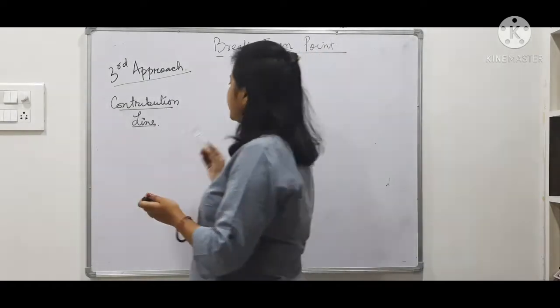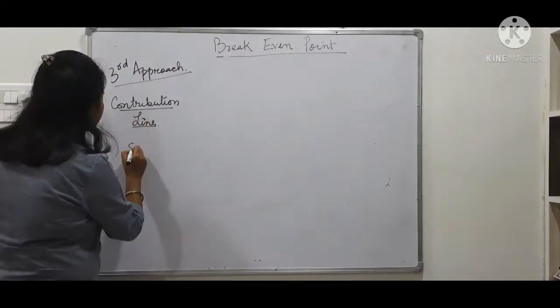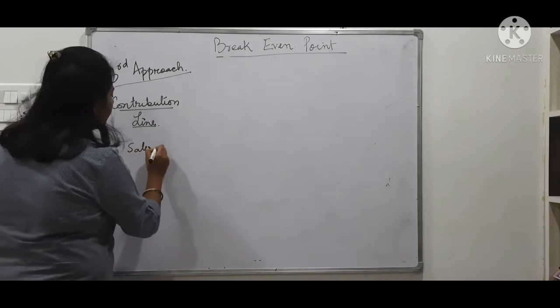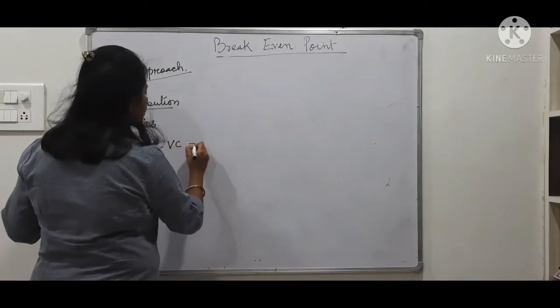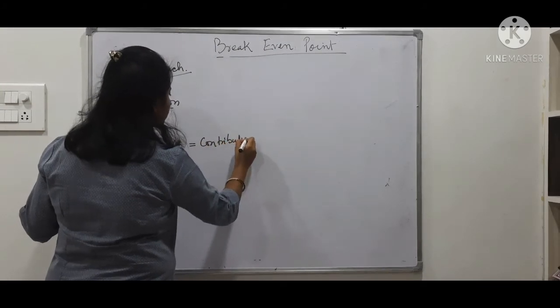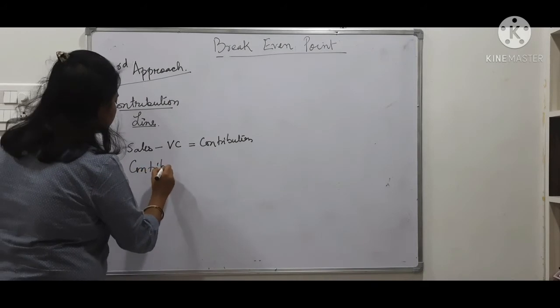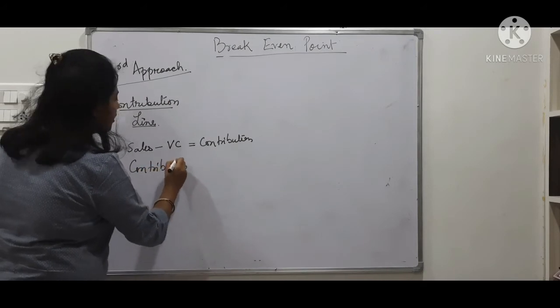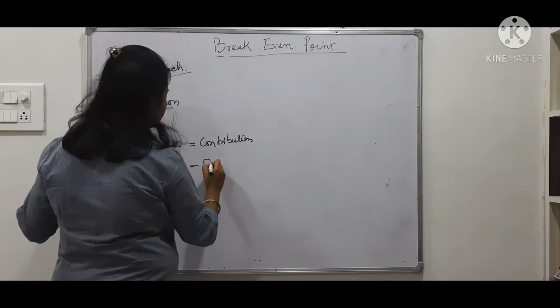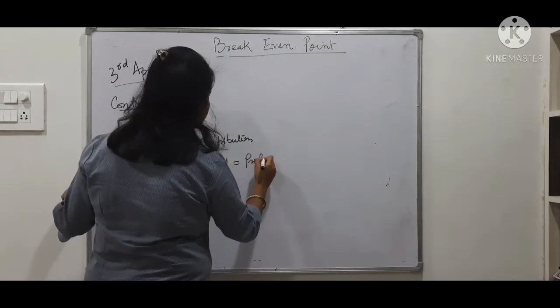Before that, let me tell you what is contribution. I hope you have the basics even then. So sales minus variable cost is equal to contribution. From contribution, if you minus the fixed cost, you get the profit.